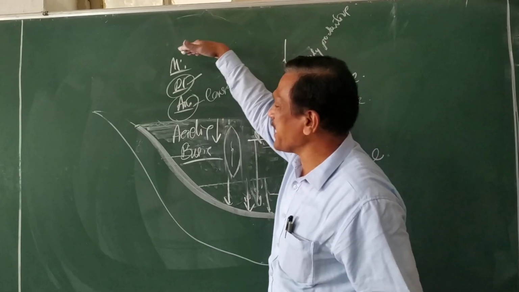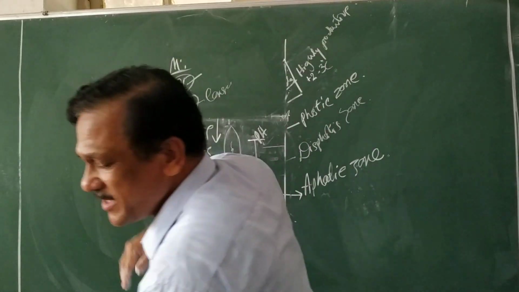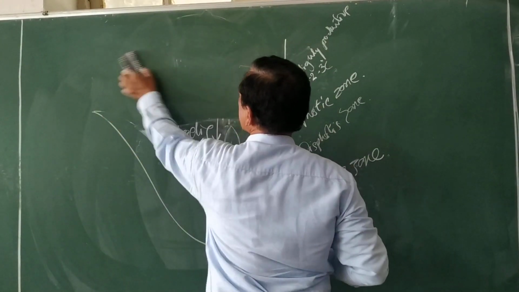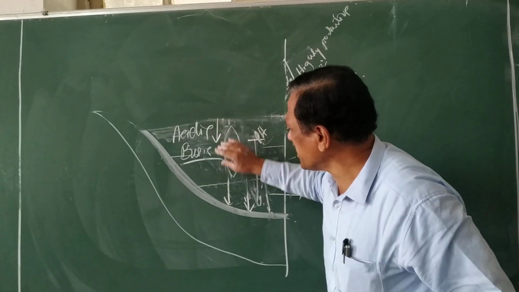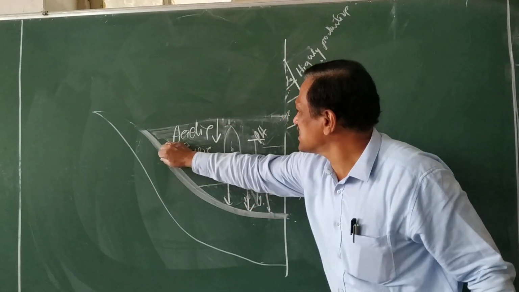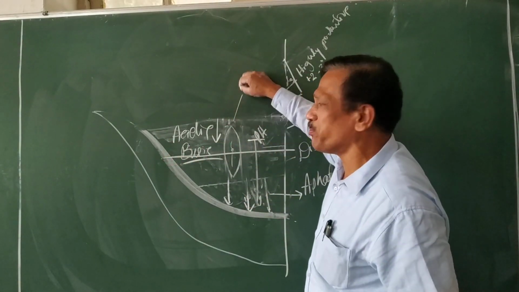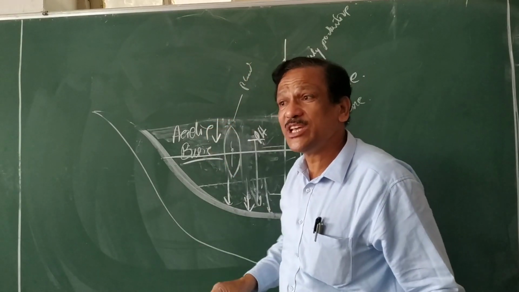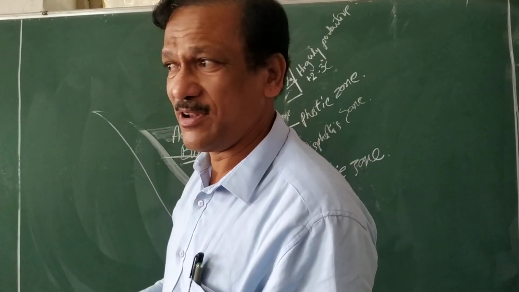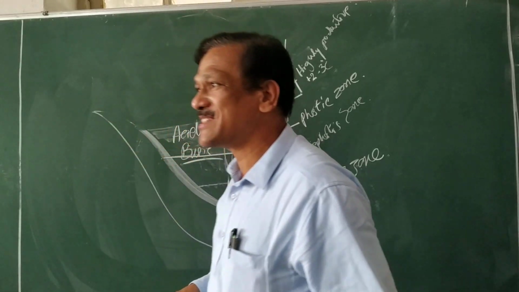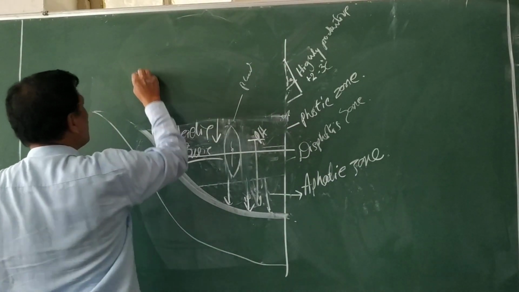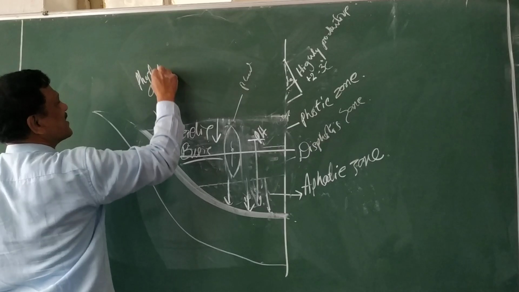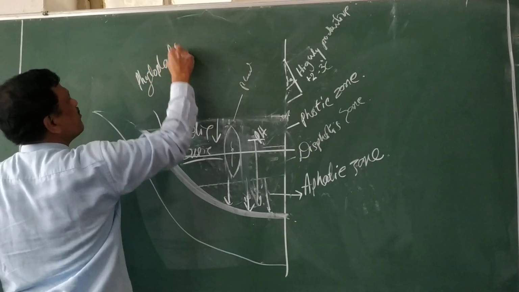And if you see these microbes, they are present in almost all the three zones. And some of the microbes belong to plant kingdom, and these microbes, which can be seen only with the help of optical instruments, are called phytoplanktons.